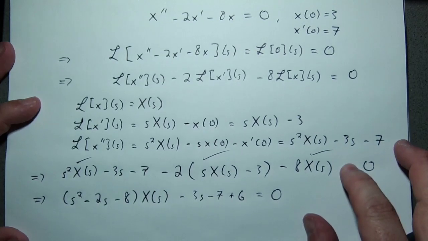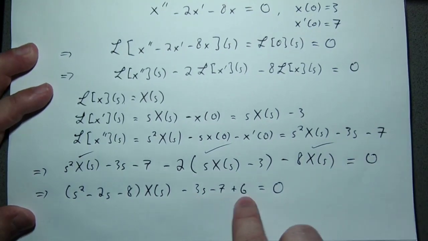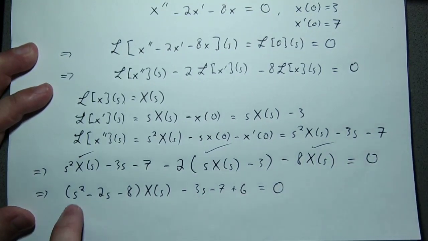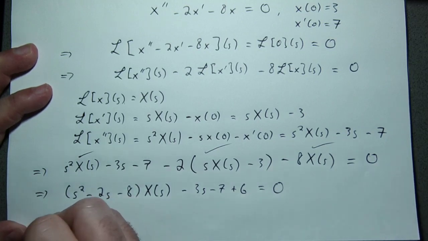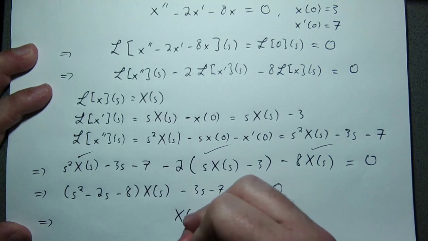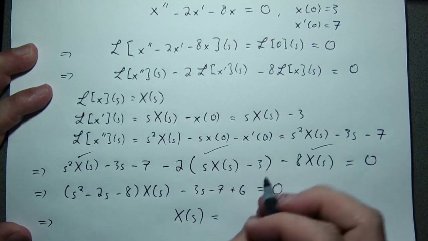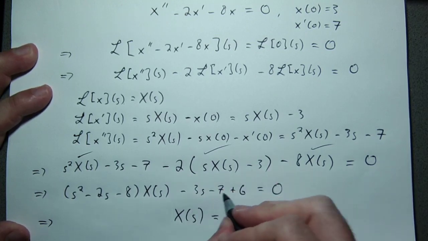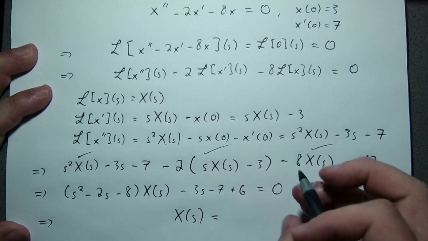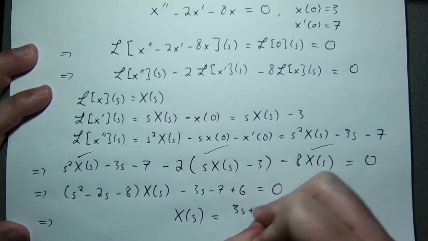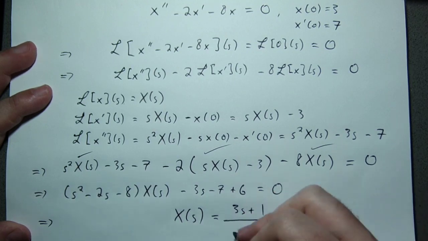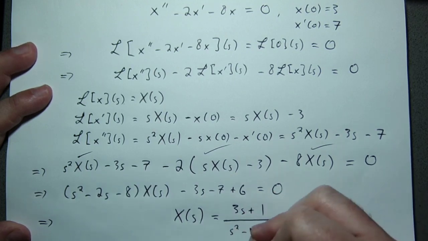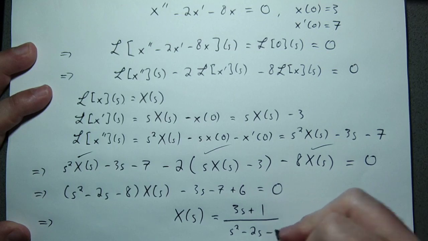Okay. Then moving this to the other side and dividing by this polynomial, this means that X of s is equal to, this is minus 3s minus 7 plus 6, so this is minus 3s minus 1, so this is 3s plus 1 divided by s squared minus 2s minus 8.